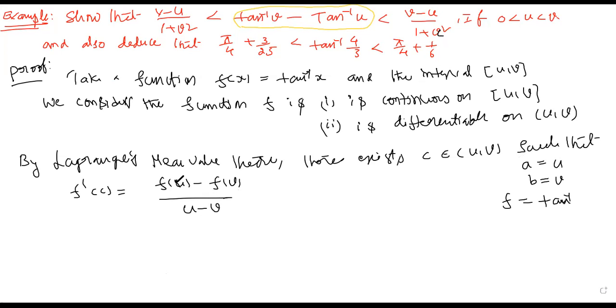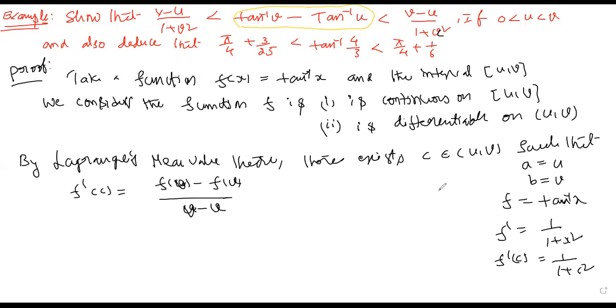Yeah, f of v minus f of u, over v minus u. Here f equals tan inverse of x. Then the derivative f dash equals 1 by 1 plus x square. So we have to substitute f dash of x. This is f dash of c, which means 1 by 1 plus c square.